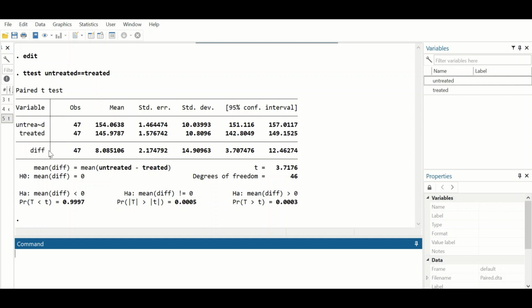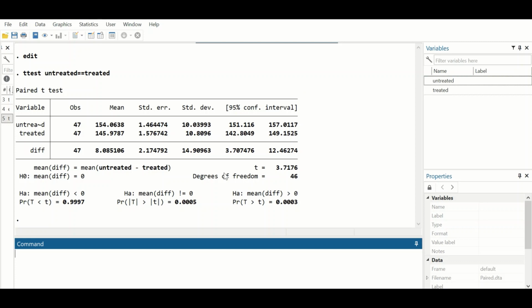Looking at the row which states the difference, it shows that the difference in the mean between the treated and untreated is 8.08. So there is a difference, and the untreated have a higher mean compared to treated. This difference has a standard error and a standard deviation of 14.9.